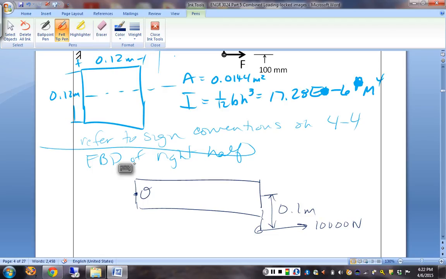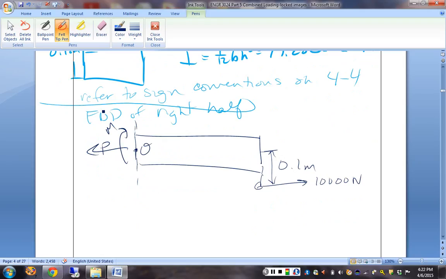So this is my section cut here. If I've made that section cut, you always assume your internal forces are positive, so if the sign matches, all is well. So I say I have an internal force P and an internal bending moment M, and then I do my statics problem.